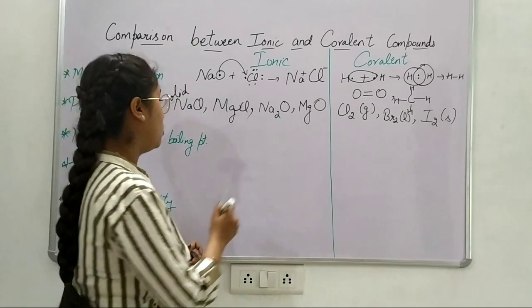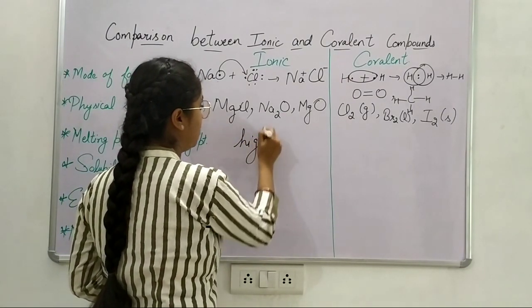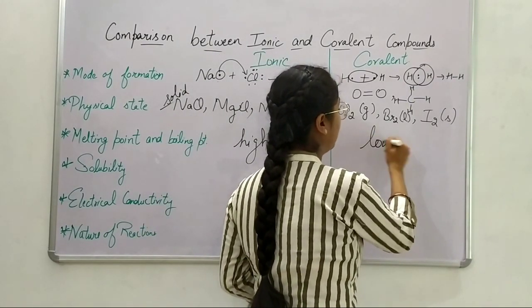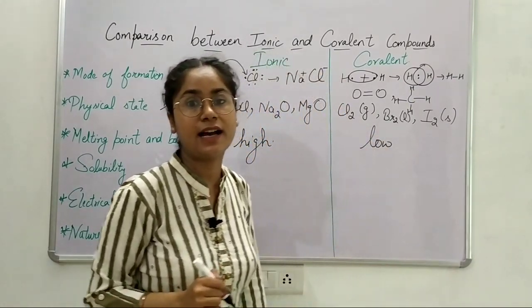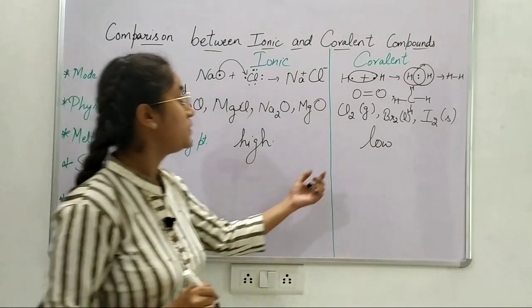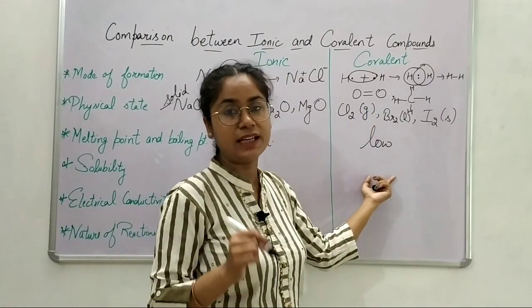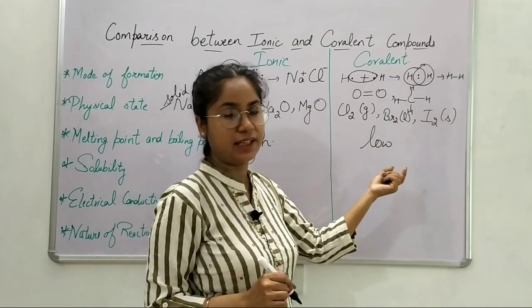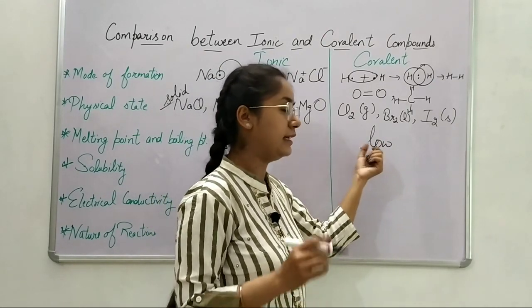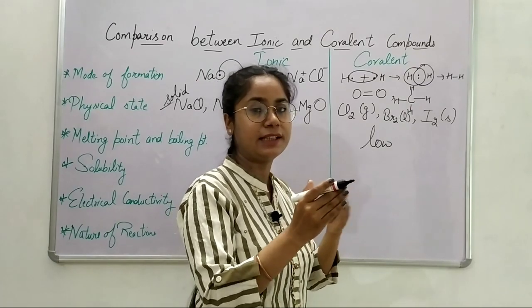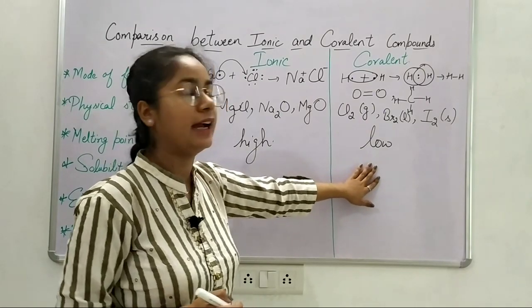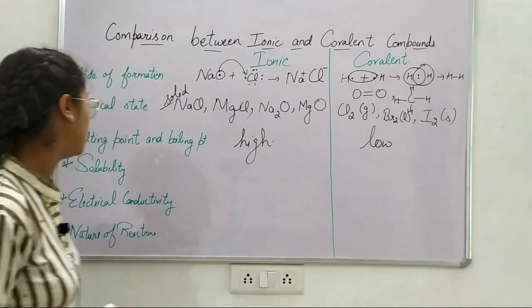But covalent compounds have low melting and boiling points, and the reason behind it is that covalent compounds have weak intermolecular forces of attraction. Since the force of attraction is weak, they have low melting and boiling points.